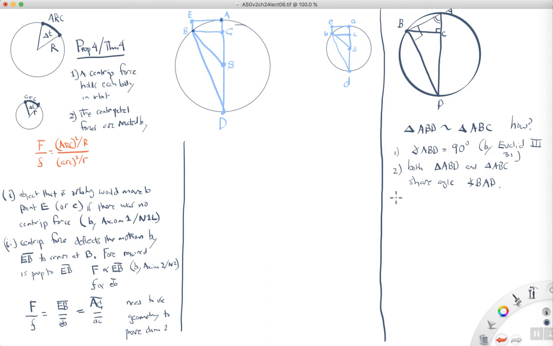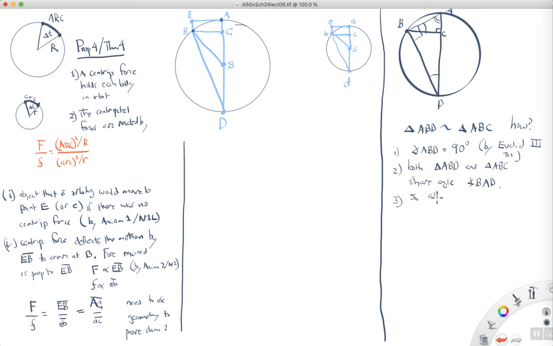Okay. Now notice that since both of those triangles have a 90-degree angle, and since both of these triangles share this angle, that means that this angle here, the third angle, has to be equal as well.